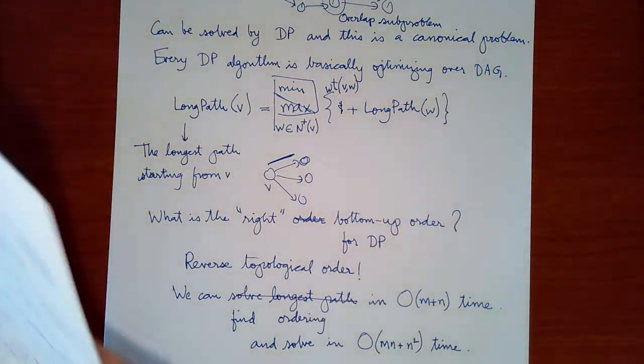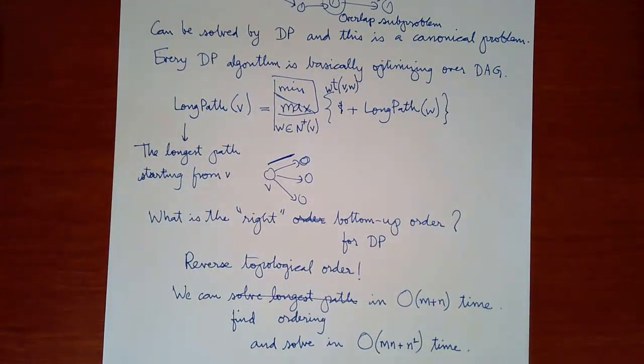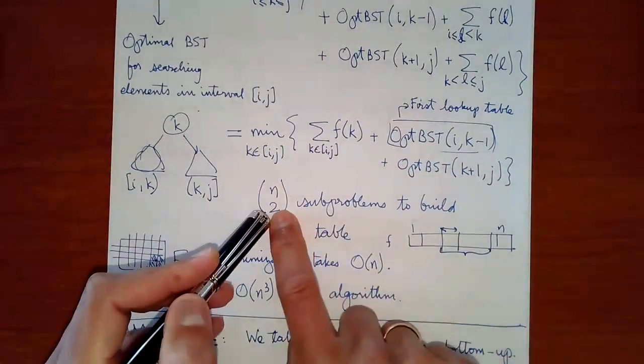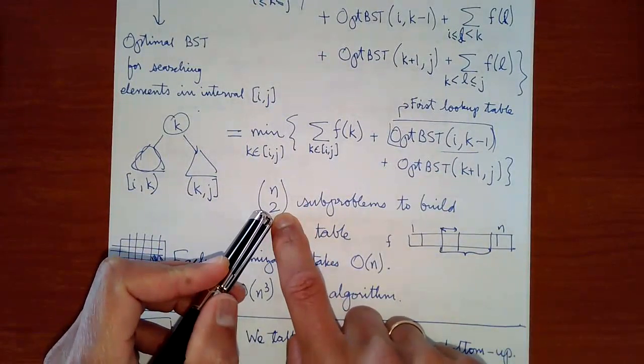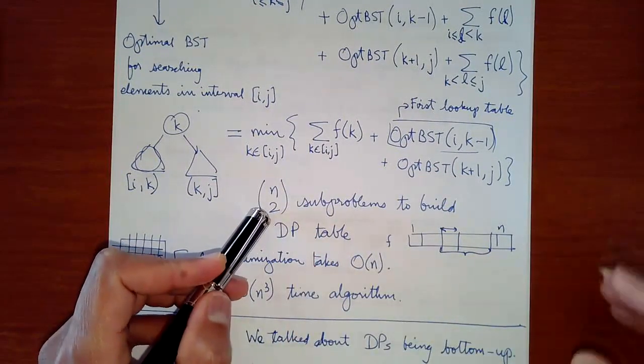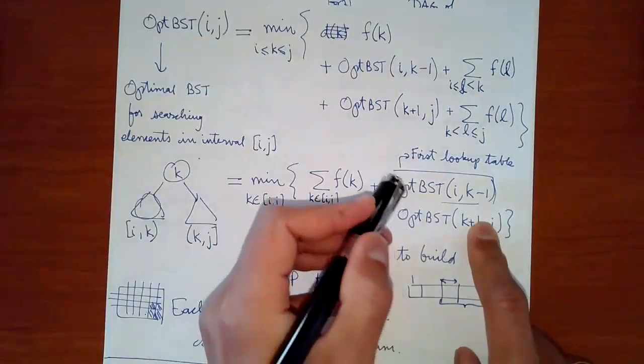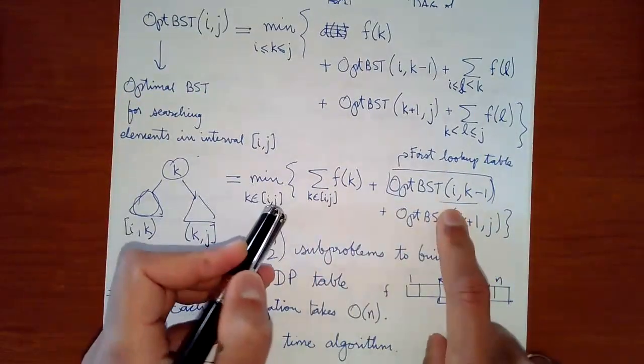Let me just pull up... Okay, so the optimal binary search tree has n squared subproblems. So create a node for every subproblem, and that has an edge to every subproblem that it might call.